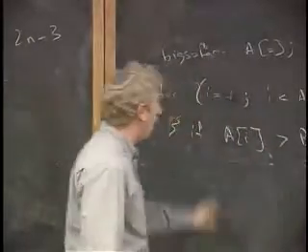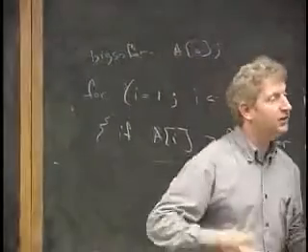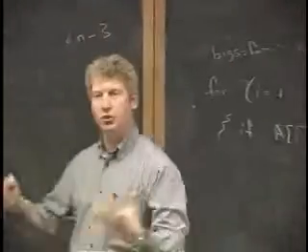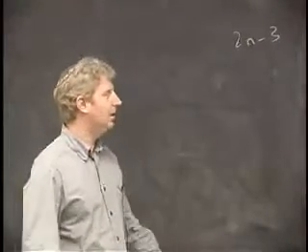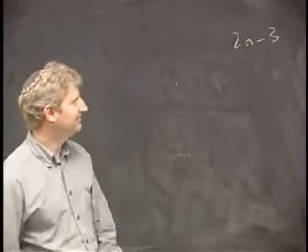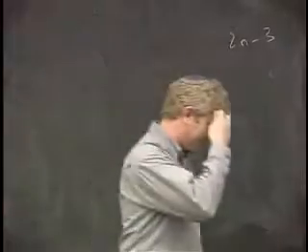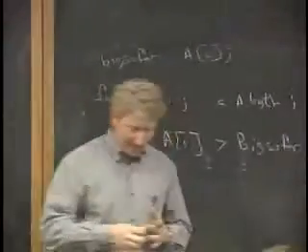OK. Let's think about a way to do the maximum and minimum at the same time, which will do a better job than 2n minus 3. And we'll do this thinking recursively, because if you think recursively, it really gives you a tool that is so powerful. All right.